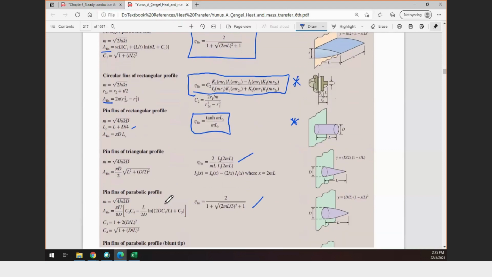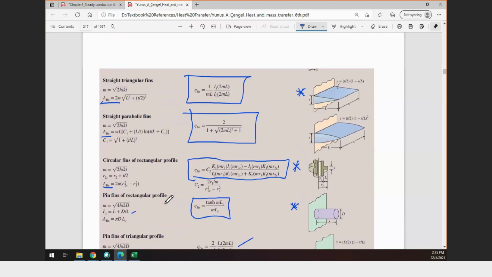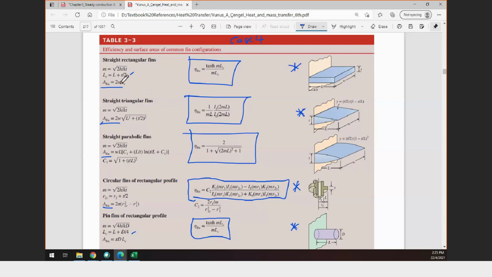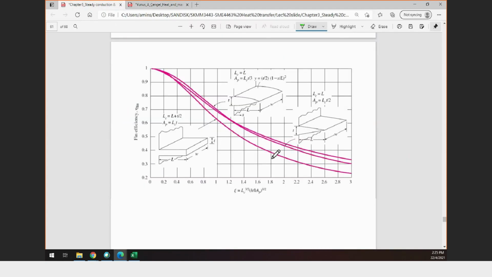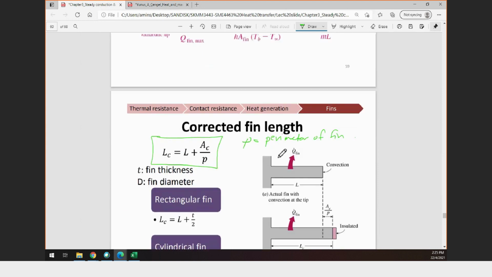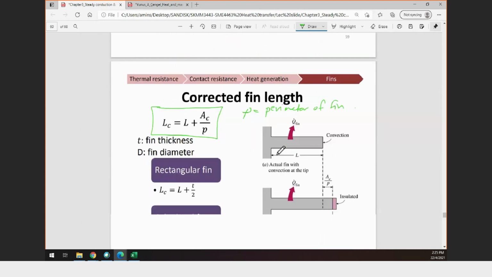Not all fin geometries actually have Lc, only the simple ones like the rectangle shape and the pin fin shape. That is using the equation.